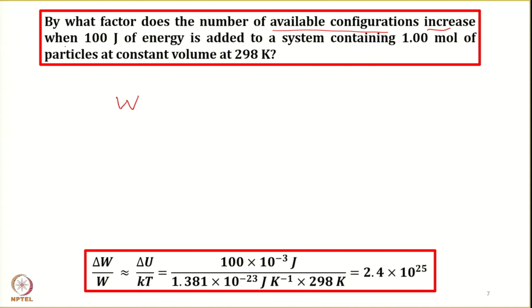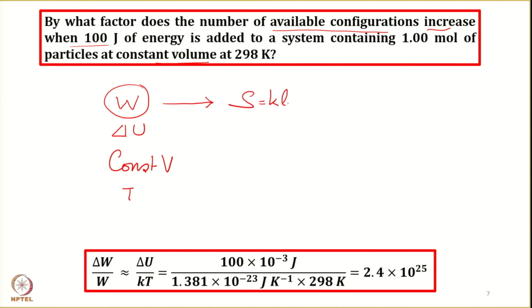Increase in energy, that means I am talking about delta U. Constant volume conditions, these 3 informations are given, and finally temperature is given. Now question is, next look for W which is connected to S. Connected to S is equal to K log W. That will help me.